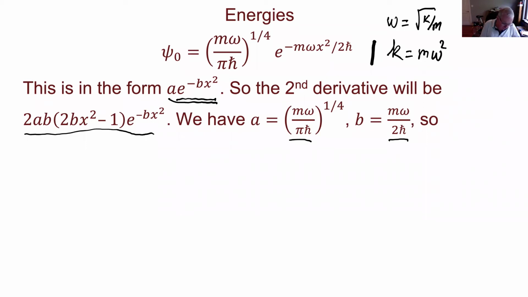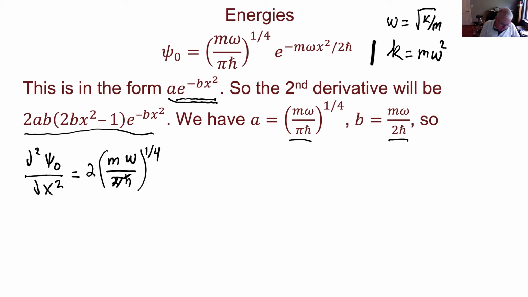This is the second derivative of the 0 wave function, and that's equal to 2 times m omega over pi h bar, all of that to the 1/4 power. The next one is m omega over 2h bar.